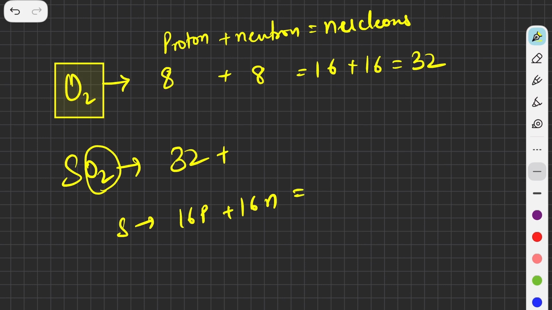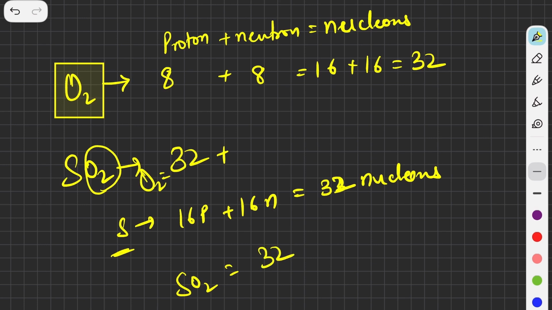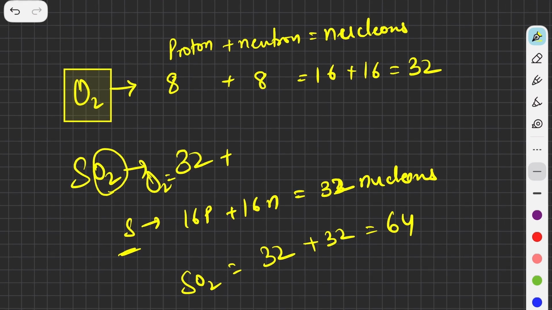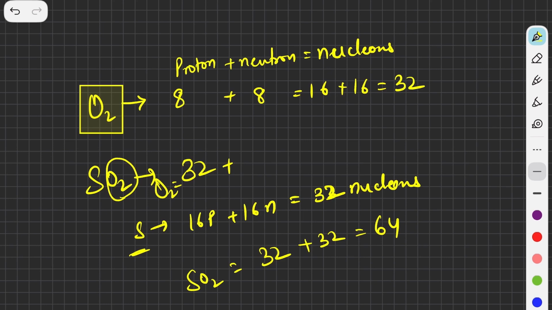So that will constitute 32 nucleons. This is for one sulfur, and our oxygen has 32. So SO2 will constitute 32 for oxygen and 32 for sulfur, so that will come out to be 64. Now this is a basic calculation for finding the molar mass. Yes, we can find it for other gases as well.